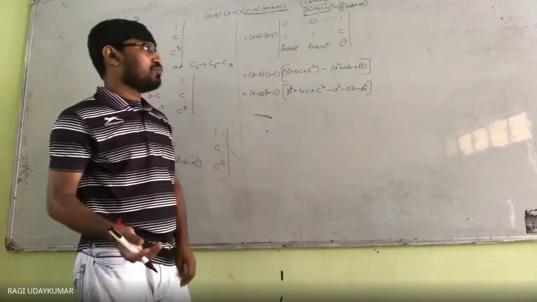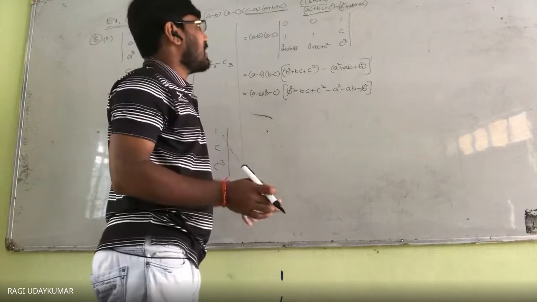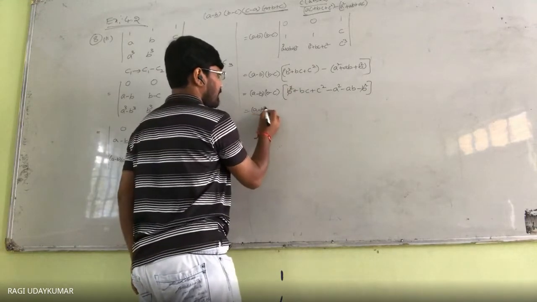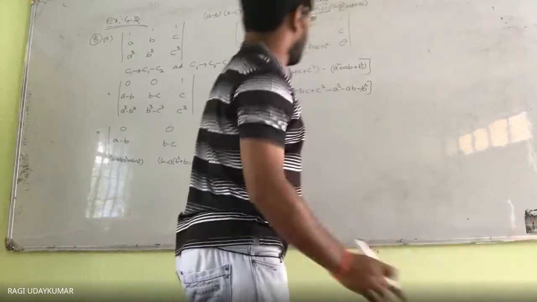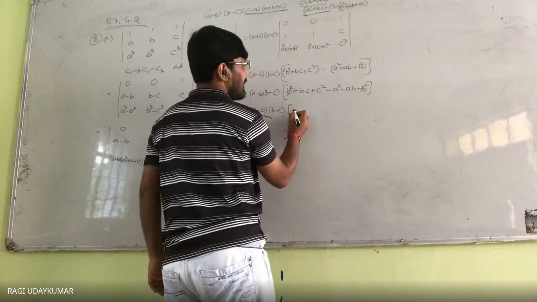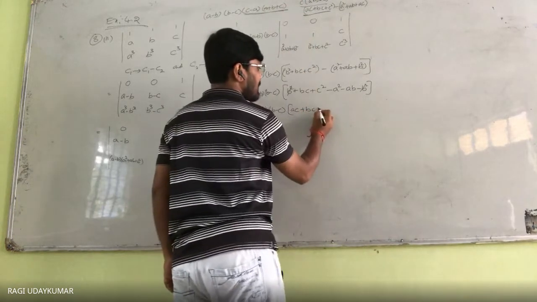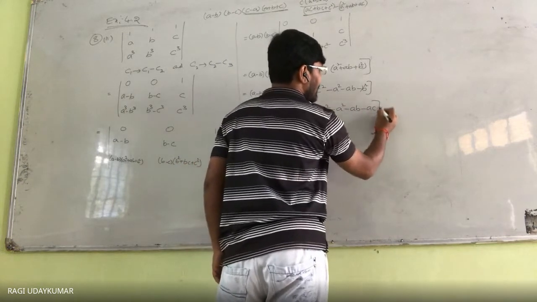Then after this, most of the students will get stuck. It's not a very difficult task. Just in the place of the B square, write AC, because we are getting AC plus BC plus C square minus A square minus AB minus AC.